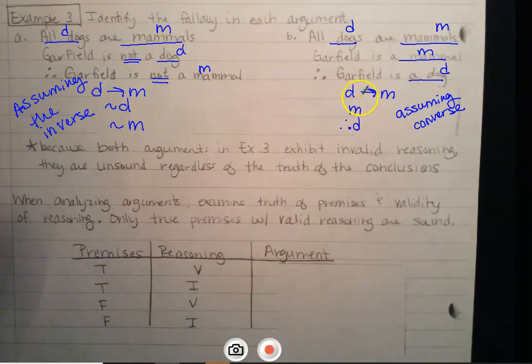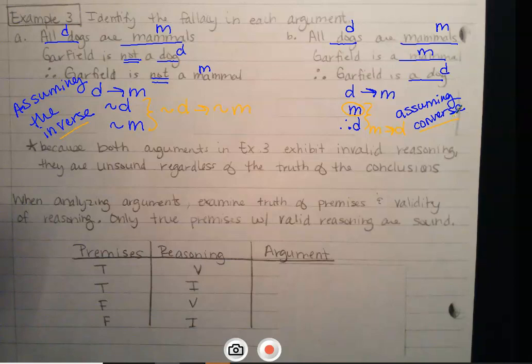It was if D, then M. Well, they're stating M and then saying, so this is where the if M, then D idea comes in, is what they're saying here. And that's not true. Okay. Whereas here, what they were saying was, if not D, then not M. So that was assuming the inverse, and this one is assuming the converse.